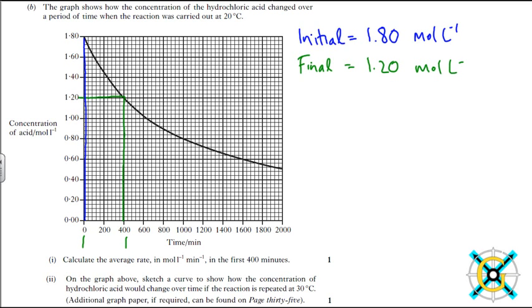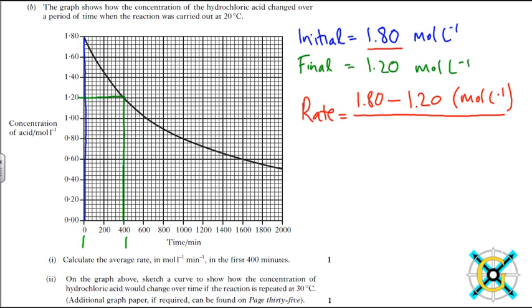So, to calculate the rate, we use the equation that I discussed on the previous page. Rate equals initial 1.80 minus final 1.20 mol l^-1 divided by the time interval. So 400 minus 0.